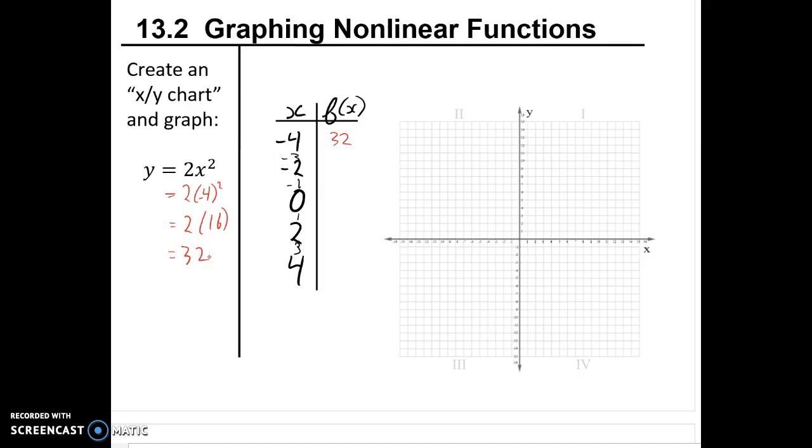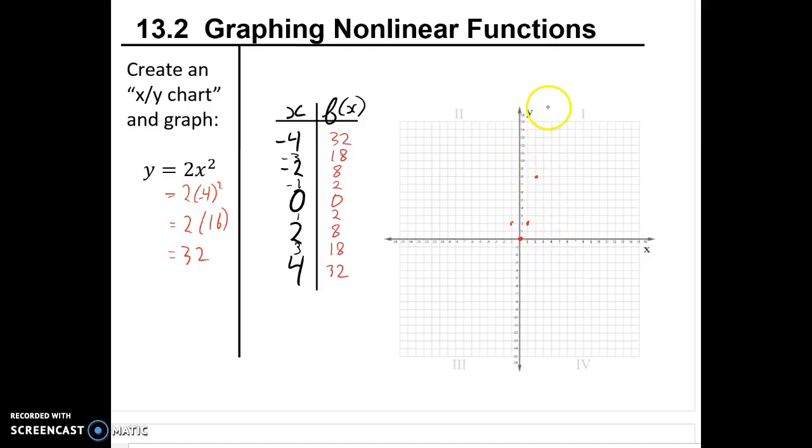Then 18, 8, 2, 0, 2, 8, 18, 32. So let's graph it again. 0 and 0, negative 1, 2, 1, 2, positive 2 is going to go all the way up to 8.